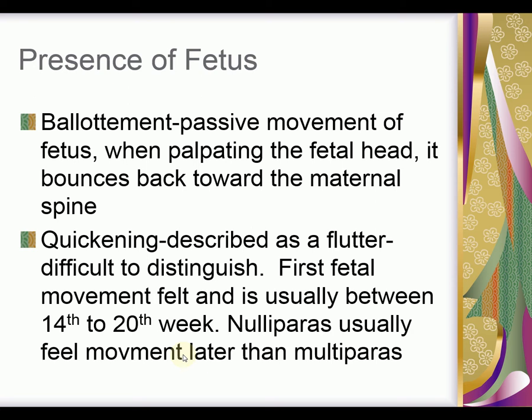So it's really not quite ready to be born. Now, a multip can have a ballottable baby, and within an hour of going into labor, it can be signed, sealed, and delivered. But usually when you do a vaginal exam with your 2 fingers, trying to check the cervix and palpate the head, it will bounce backward up toward the spine.